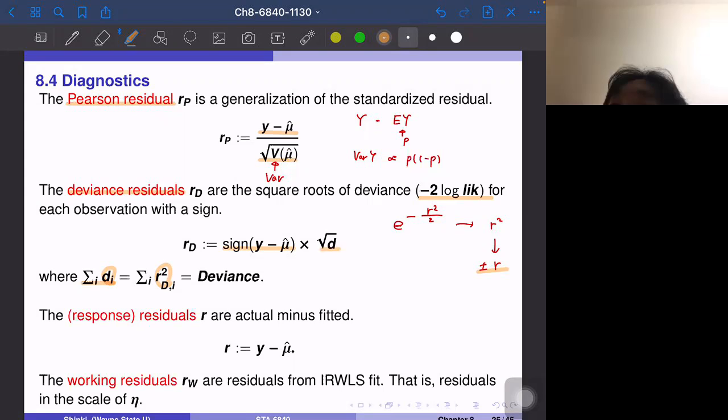Then we multiply by the square root of d. In this way, we can define the deviance residual in a similar way as the Pearson residual or the usual residual. In both formulas, the index i is dropped, but to be exact, we have to have all the indices, y_i, mu hat_i, and so on.